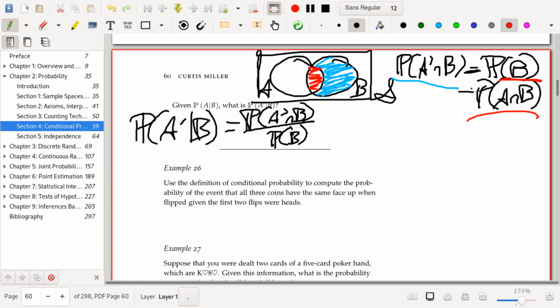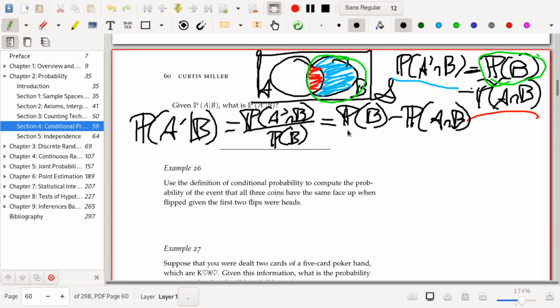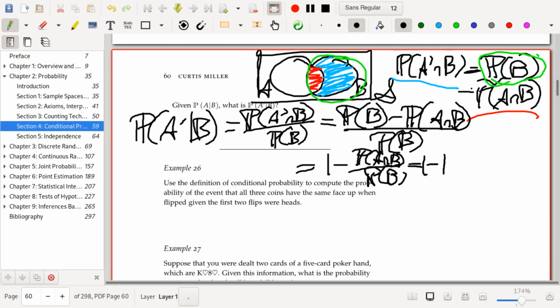If we also additionally had the probability of B, which I will highlight in green, we therefore have this relationship as well, that this is equal to the probability of B minus the probability of A and B, all divided by the probability of B, which, after you do some more algebra, is equal to 1 minus the probability of A and B divided by the probability of B, which is going to be 1 minus the probability of A given B.